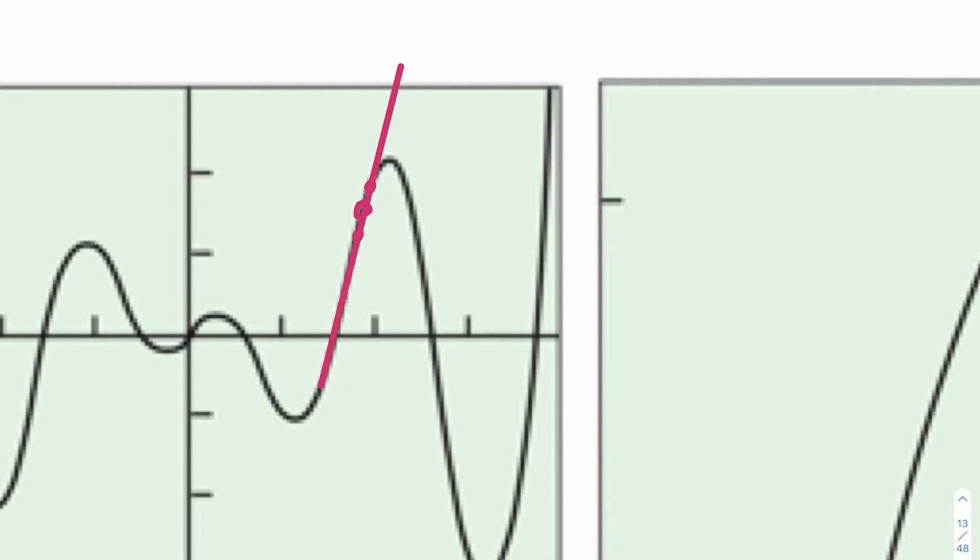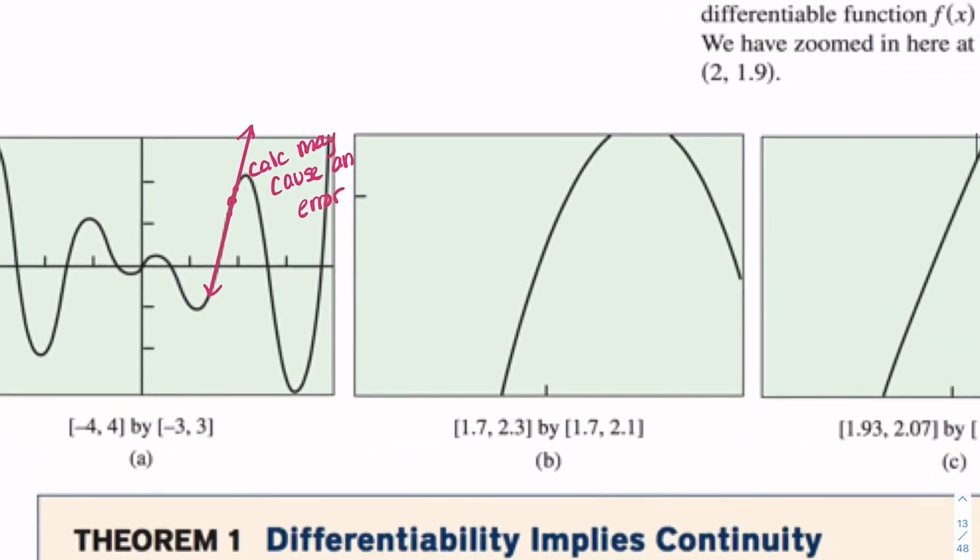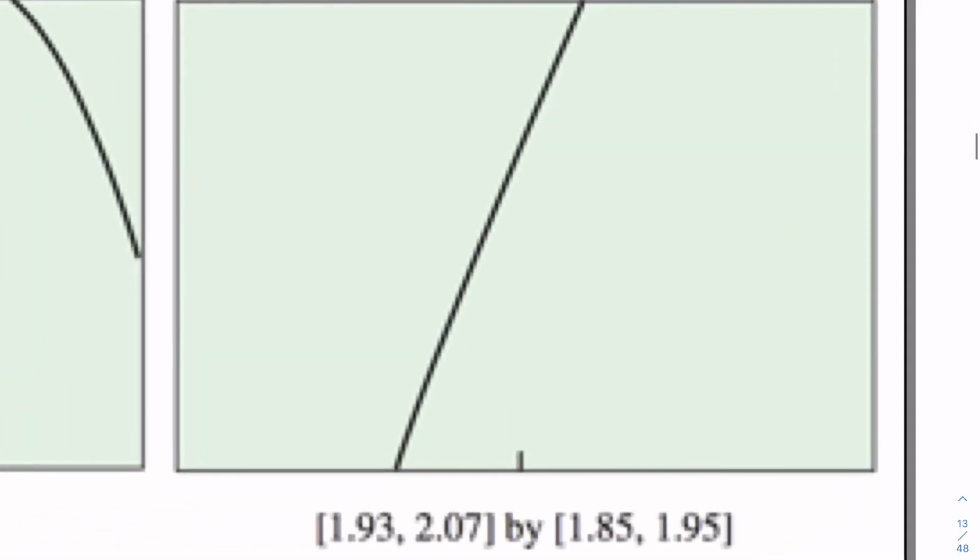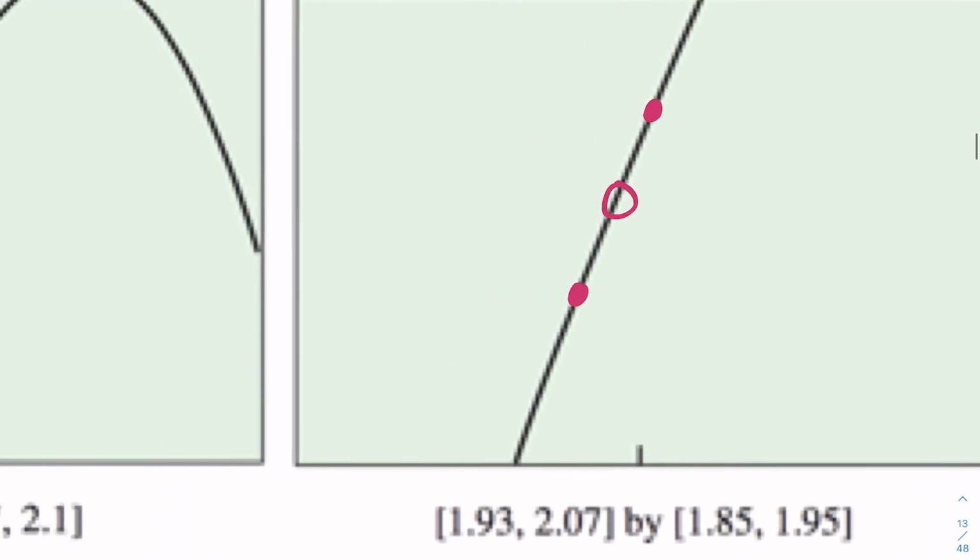But the issue is that the calculator may cause an error or skip over an error. So we just got to be careful about that, because this is what it's doing. It's just going, hey, let's go here and here. Oh, there's a hole right here.